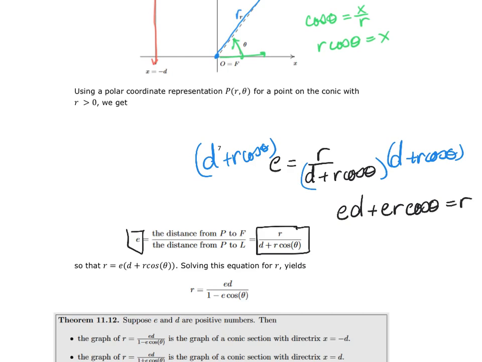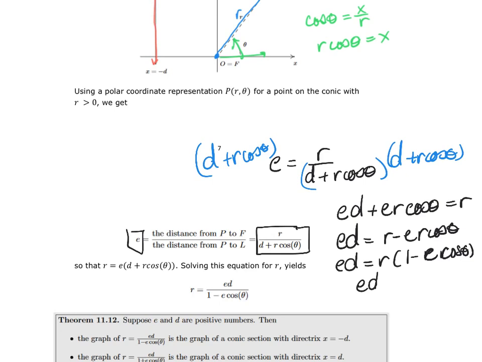If I bring everything with an r to one side of the equal sign, then I'm going to get E times d is equal to r minus E r cosine theta. So factoring out an r and dividing, E d is equal to r times 1 minus E cosine theta. We're going to get E d divided by 1 minus E cosine theta is equal to r, which is how we got this equation here.